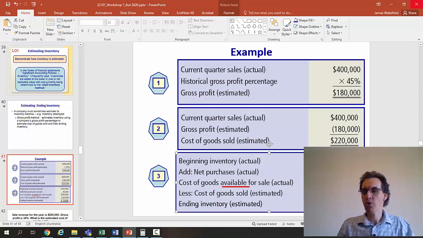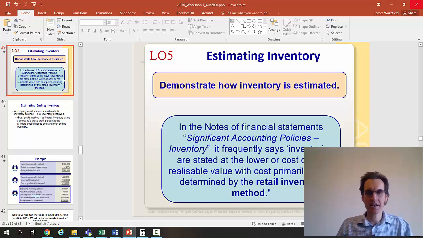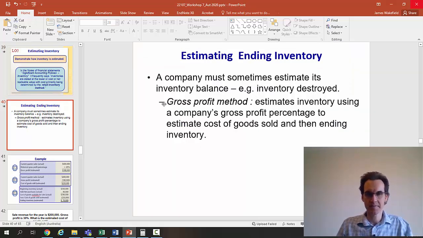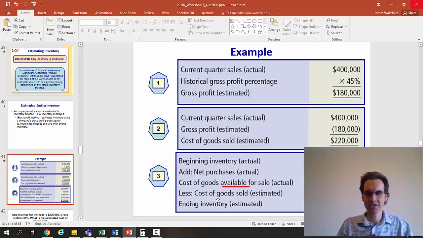We actually sold $220,000 worth. So our ending inventory balance is 70,000. And that's the value of what we had on hand before it was lost, stolen, etc. Okay, so that's how we apply this particular method, the retail inventory method, which is specifically the gross profit method, to determine, in this case, what the ending inventory value was.